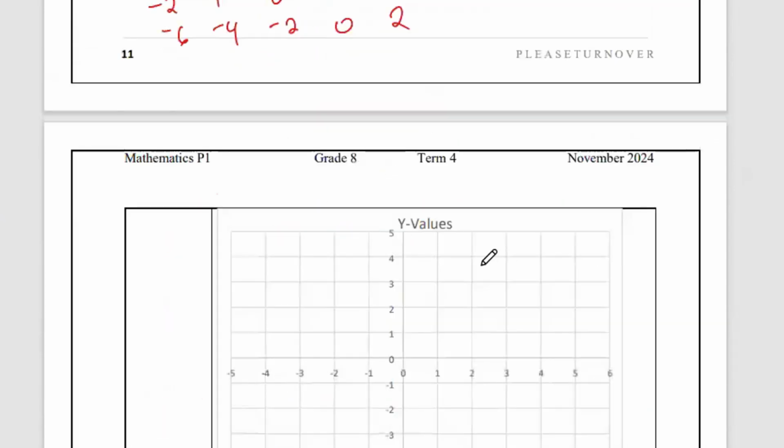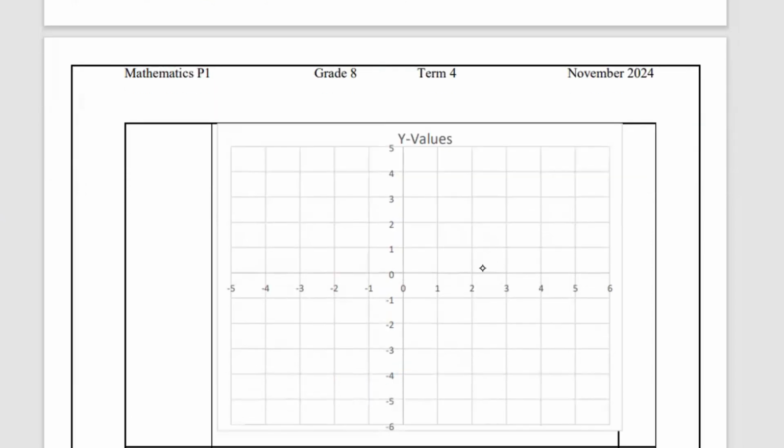So the numbers on top are representing the x values, and then the numbers down are representing the y values. So these are the ordered pairs. So when you're plotting a graph, you start with the x values. So let's locate this point. So -2 along the x is here. Okay. Then we need to move along that line of the x so that we find the y that is -6. So this line, -6, is down here.